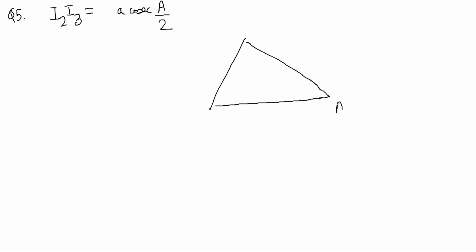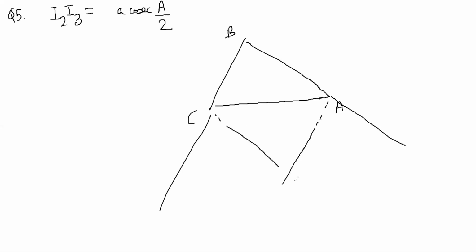Let's say this is A, B, C, and let's say this is one bisector, this is another. This is suppose I2, and this bisector continues here, and this is suppose I3.